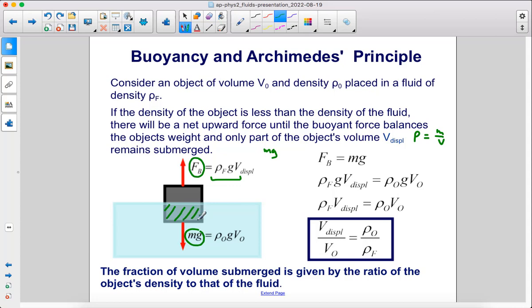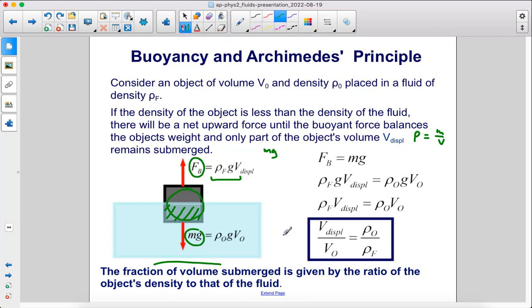So this volume here, not the full volume, just the submerged portion. That's going to be your buoyant force up. That must be equal to the entire weight of the whole object down, right? Because the earth is pulling down on the whole object.